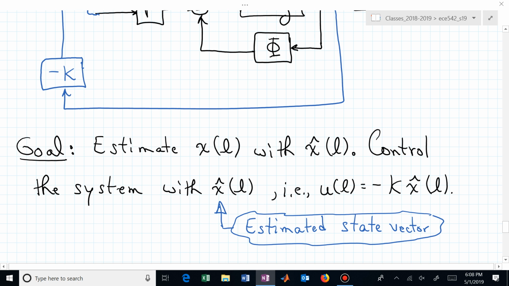Yes? So is x hat an estimate of all the states in x, or is it just the ones that cannot be measured? So the question was, is x hat an estimate of all the components in x, or is it just the ones that can't be measured? So the wording here is critical. I said a full order estimator, so that means I'm estimating everything in x, but you'll find in the literature reduced order estimators or reduced order observers.